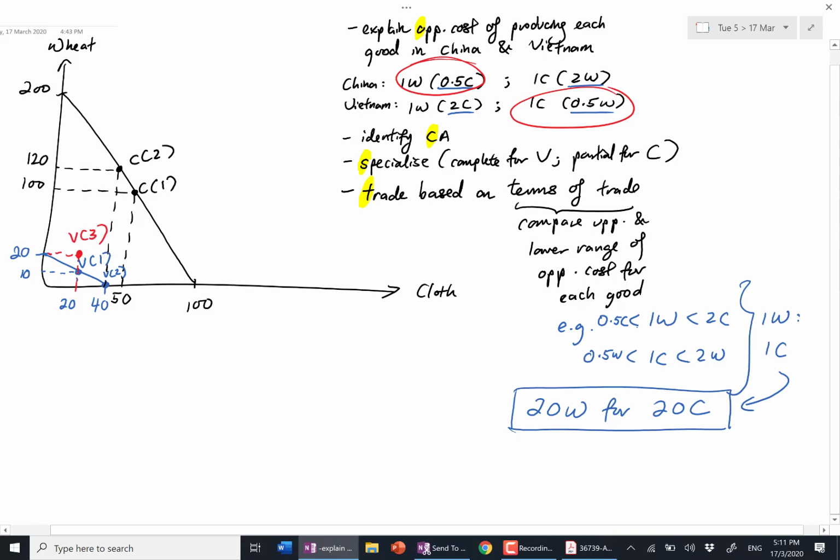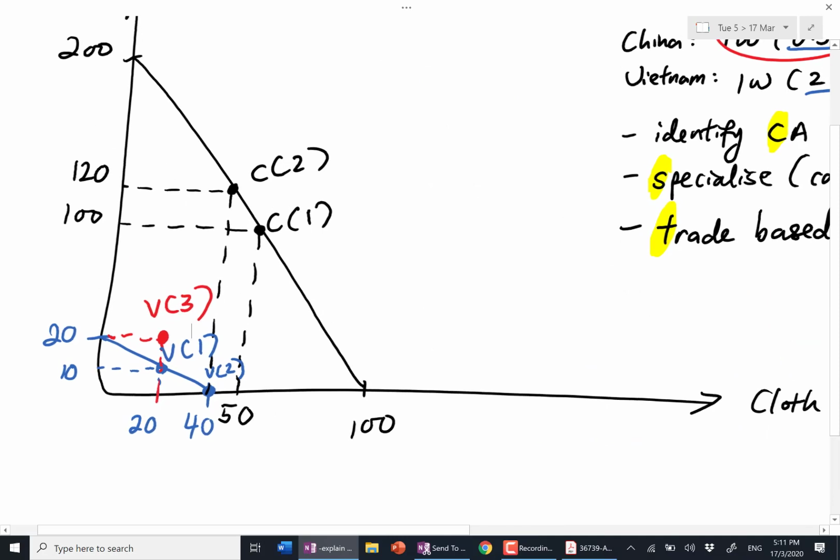Marked by the point in red. Okay. Whereas China will end up here. 160. This point will be China 3. Can you see that? So Vietnam is here, China is here.